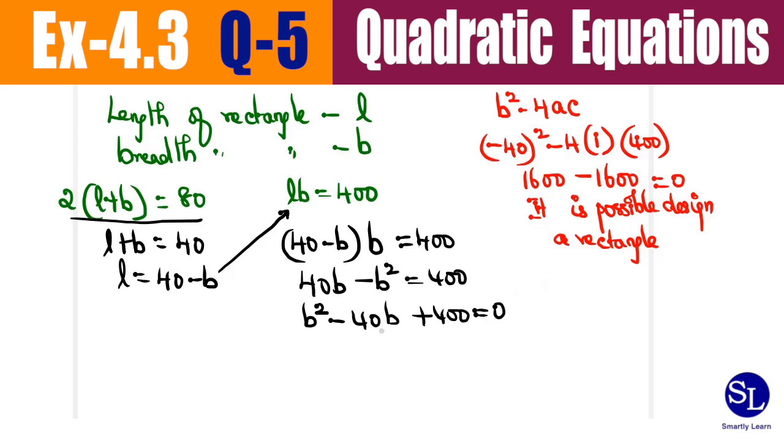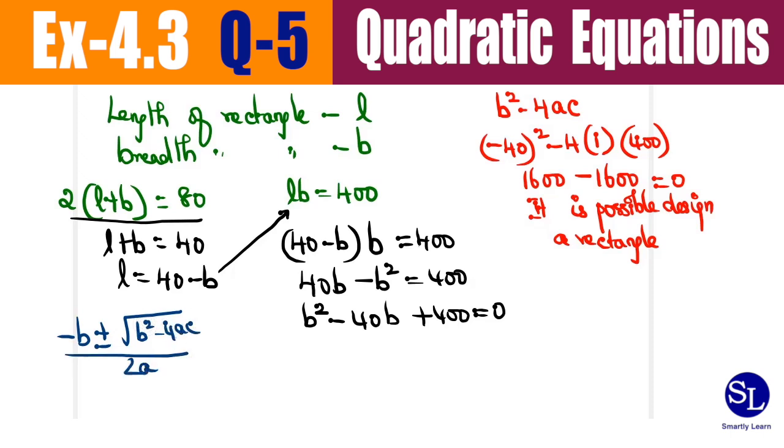In order to do that, we can approach it either through splitting the middle term, or you can use the formula minus b plus or minus square root of b squared minus 4ac by 2a. Since we have already worked so much on the b squared minus 4ac, I'm doing that method as the preferable one. So the formula is minus b plus or minus square root of b squared minus 4ac by 2a.